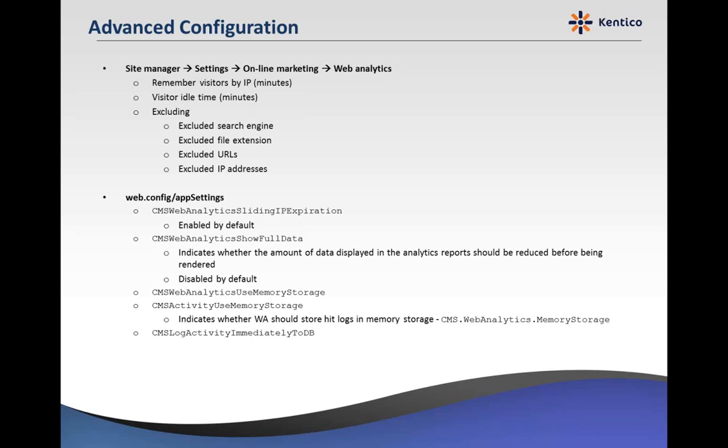All you have to do is enable remember visitor by IP, and by setting the number of minutes to something greater than 0, the IP will be used as a primary identifier of a returning visitor. After a specified number of minutes expires, the visitor will no longer be considered a returning visitor.